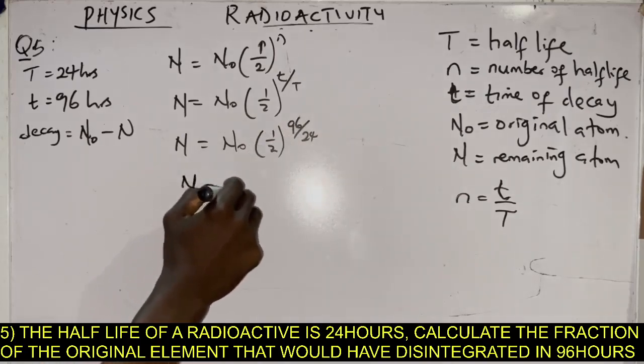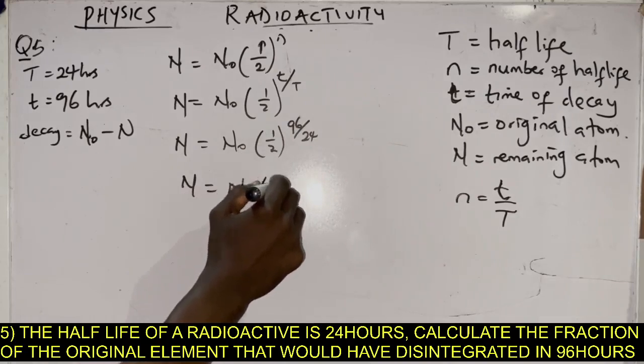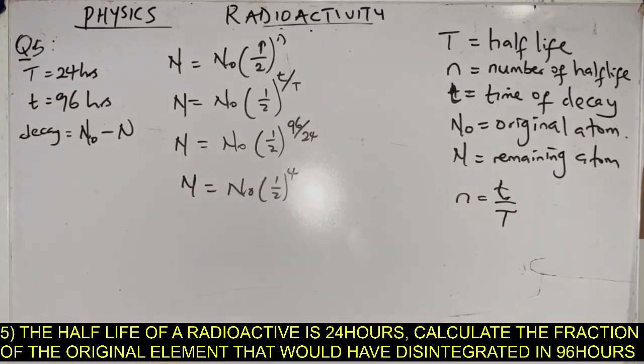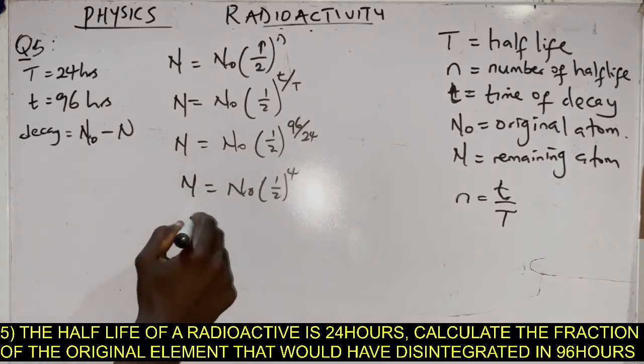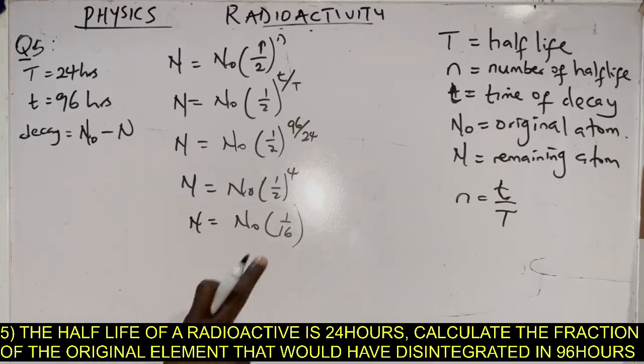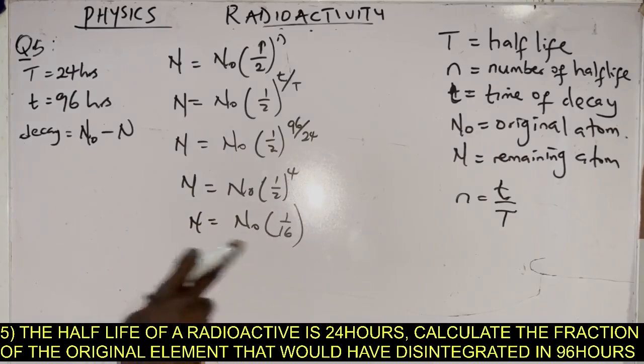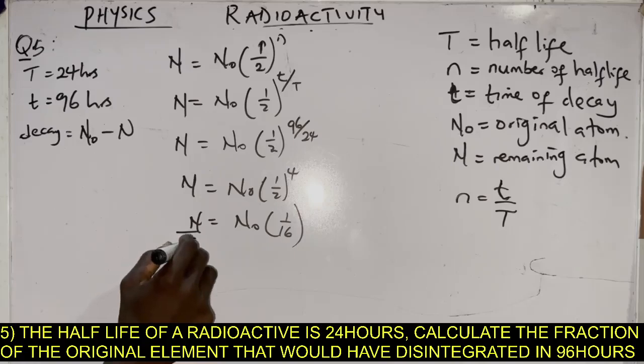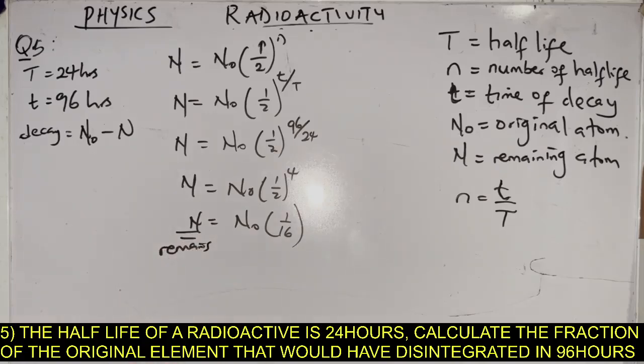And when you divide 96 by 24, you're going to have 4. 1 over 2 raised to power 4 gives me 1 over 16. This is the fraction of the original that remains. Now, the fraction that has disintegrated is what?